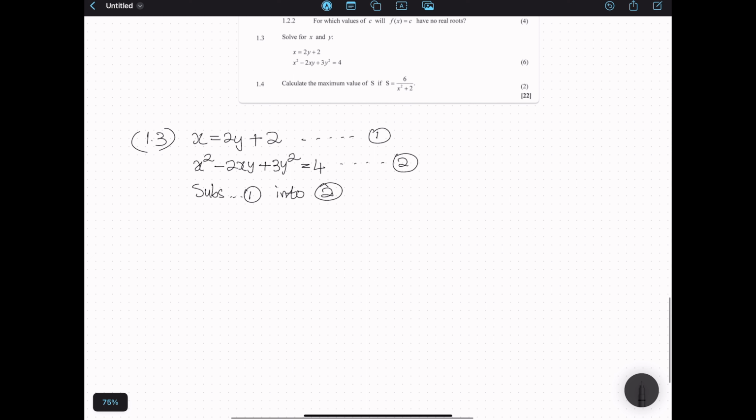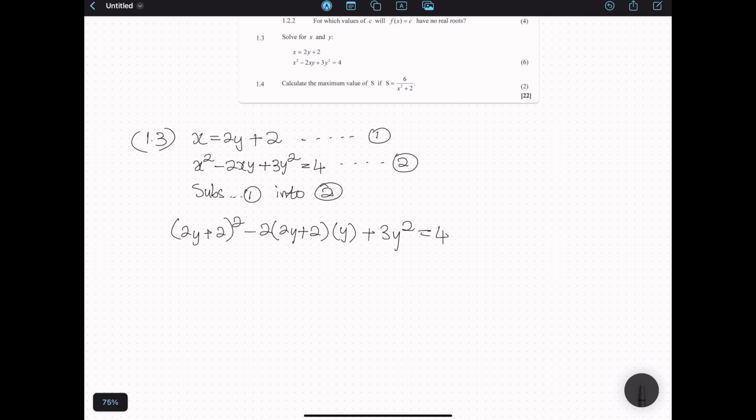So doing that, obviously where you see x, you're gonna put this, then you're gonna have 2y plus 2 squared minus 2 into 2y plus 2 into y plus 3y squared, which is equals to 4, right? Then simplify this further.